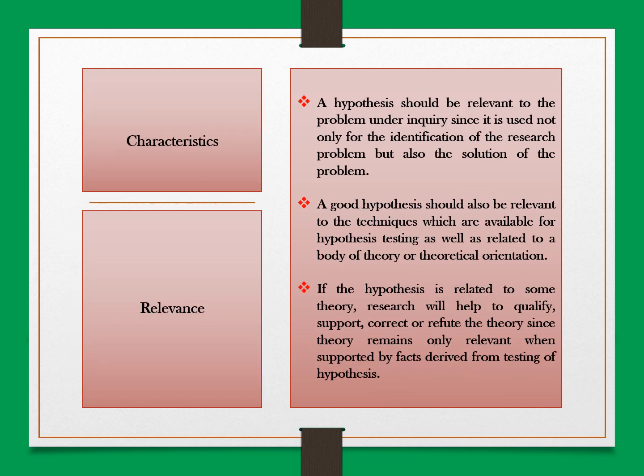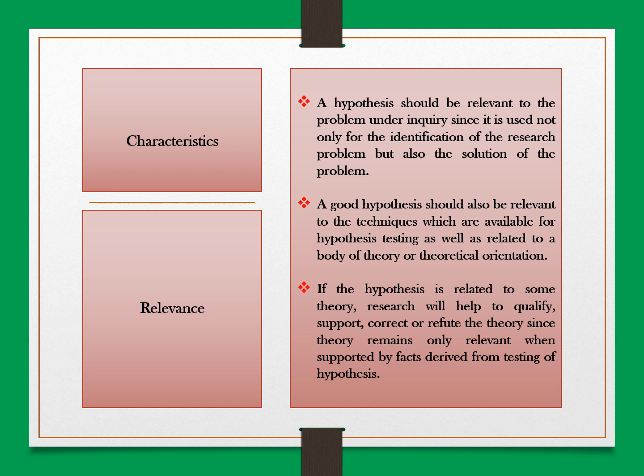Let us now discuss some of the characteristics of a good hypothesis. One is relevance. That is, a hypothesis should be relevant to the problem and inquiry, since it is not only used for the identification of the research problem, but also for the solution of the problem. A good hypothesis should therefore be relevant to the techniques which are available for hypothesis testing, as well as related to a body of theory or theoretical orientation.